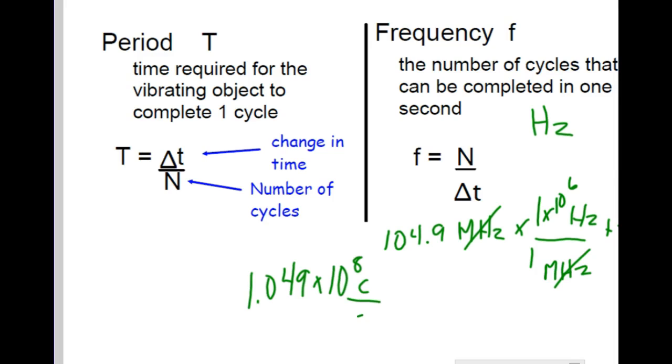A hertz is a cycle per second. It's asking for period. You can either do the time divided by the number of cycles, or take this number in your calculator and press the x to the negative 1 button, as period is 1 over frequency.